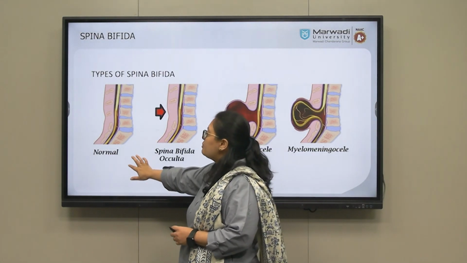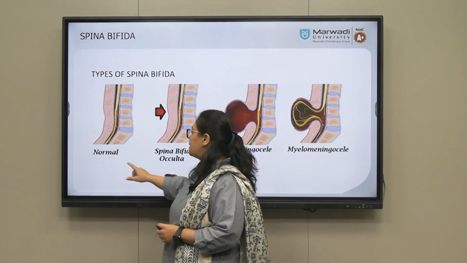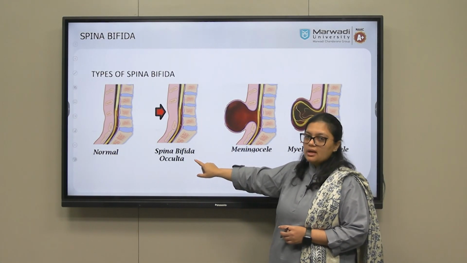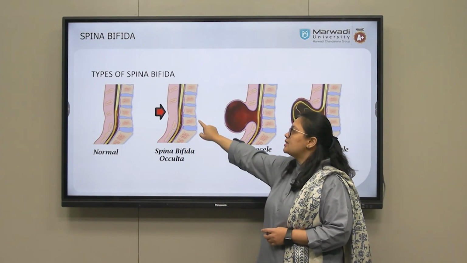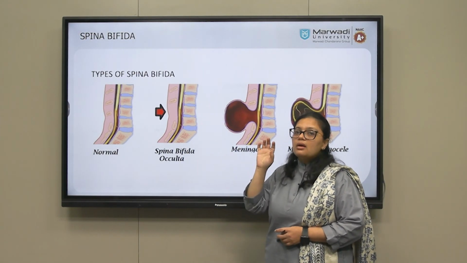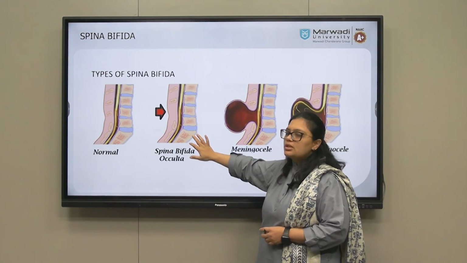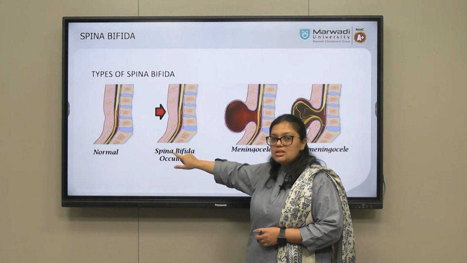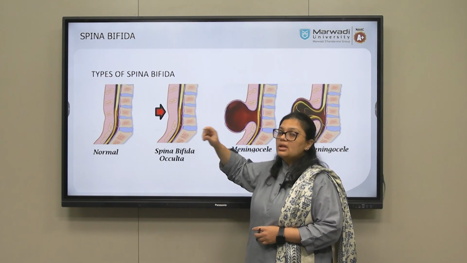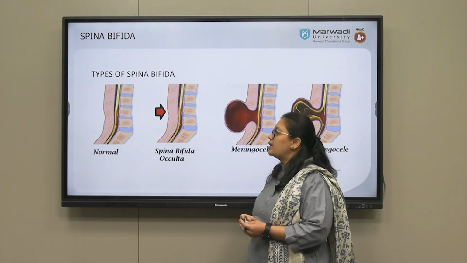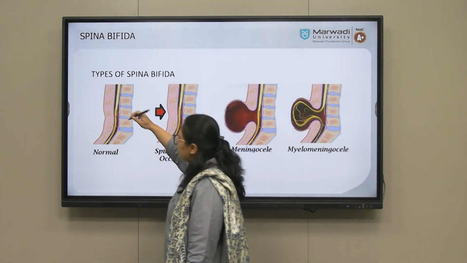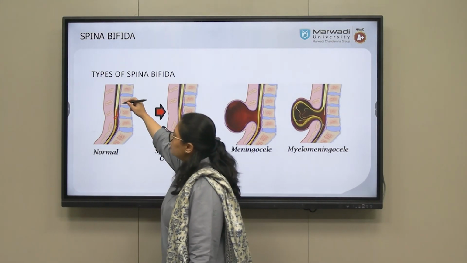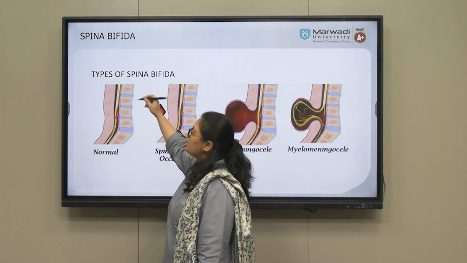This is the normal spine that you can see. Then the first type is spina bifida occulta. In occulta, there will be only a problem with the structure of the vertebral column. The meninges, which are the covering of the spinal cord, and the spinal cord, the neural tube or nerve fibers, are not affected.